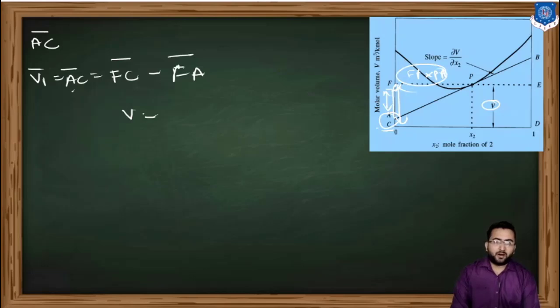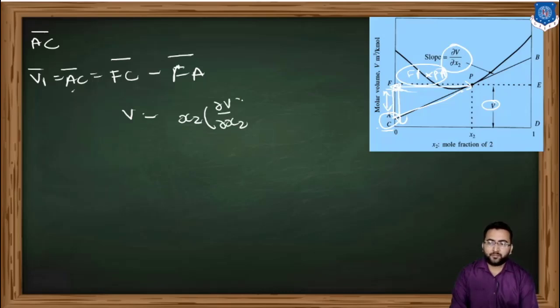So what is the value of FP? The value of FP is x2, multiplied by the value of PA, which again is our tangent, and can be given by del V upon del x2. So we write del V upon del x2 here.